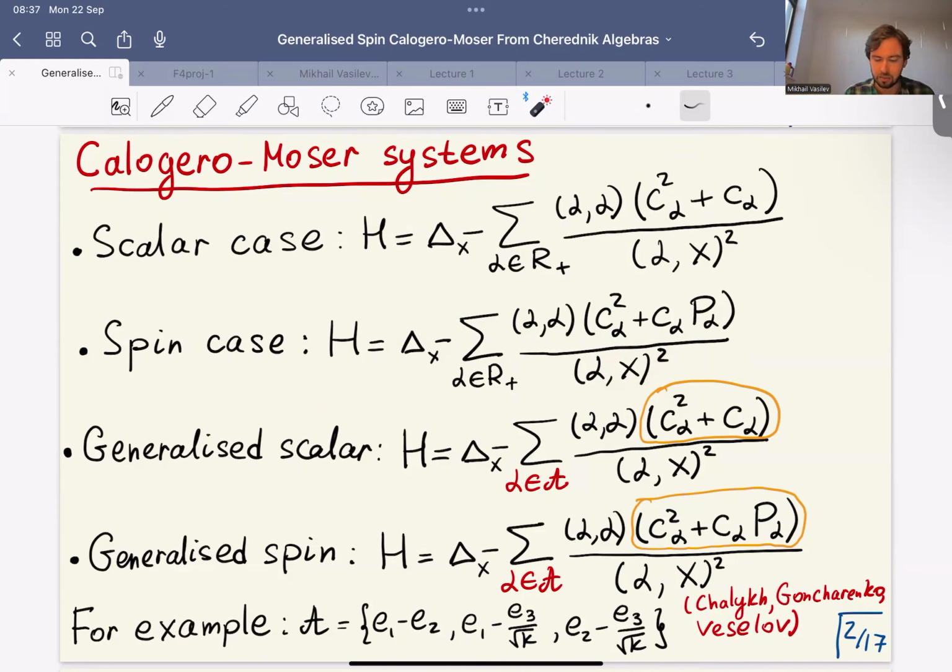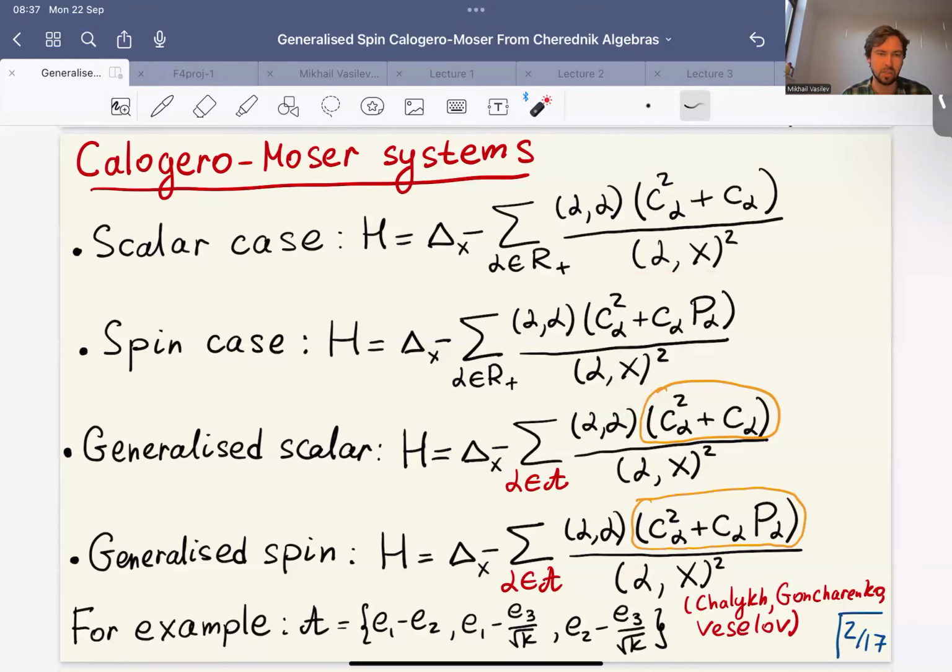So then there are many ways how we can try to generalize these operators. So we can try to do trigonometric and elliptic versions, so changing the nature of the potential. Another way is to go relativistic to consider Ruijsenaars-Schneider models.